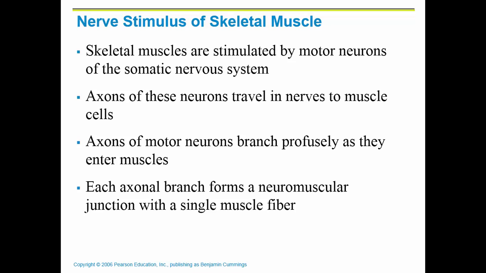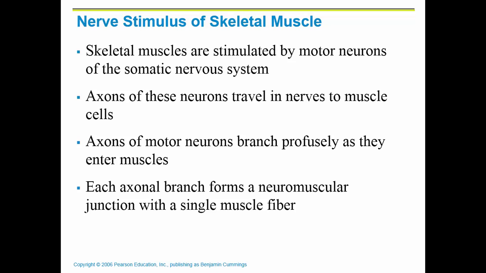And the axons, remember, the axon is taking the message away from the cell and it's passing it to the muscle cell. So axons of motor neurons are going to branch, and they branch profusely so that they can get a message all the way through that muscle cell. And what this forms is something called a neuromuscular junction.